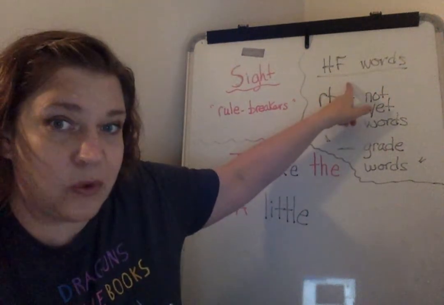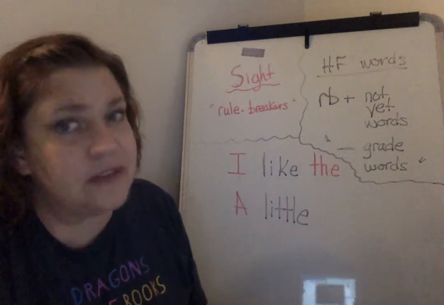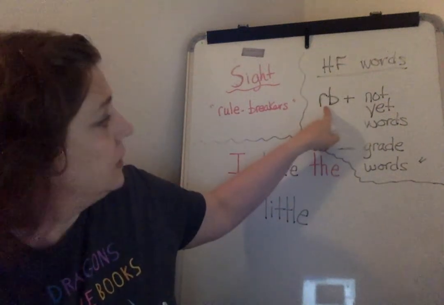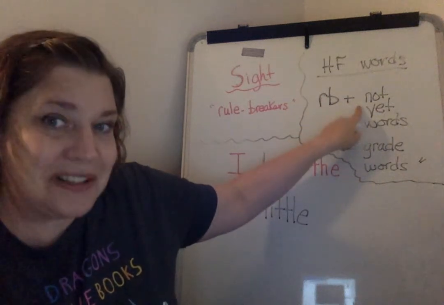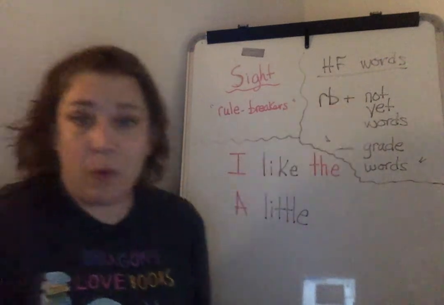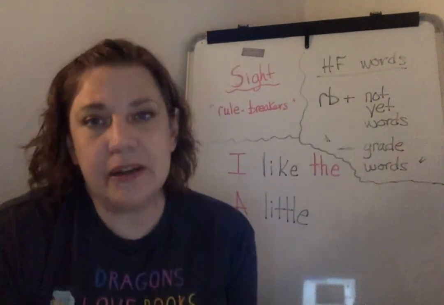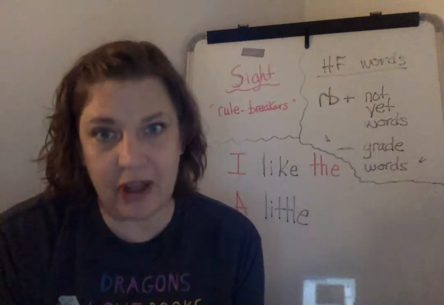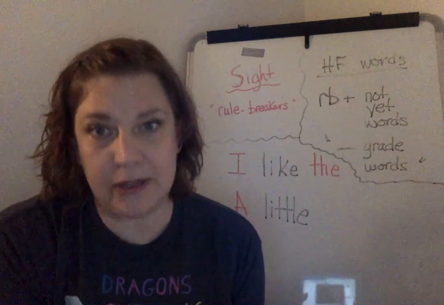High frequency words are a little different, and the difference is important. High frequency words include rule breakers, and they also include what I like to call not yet words, okay? And not yet words are words that kiddos need to know from an early age, but they haven't been taught the phonics rules to sound them out yet.